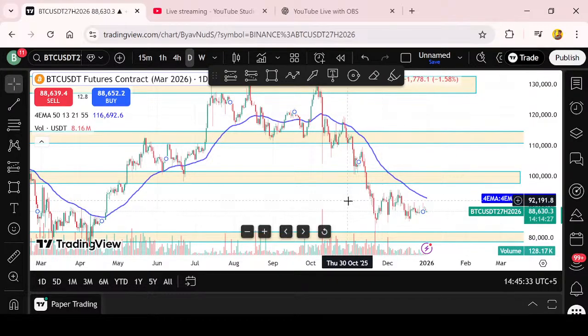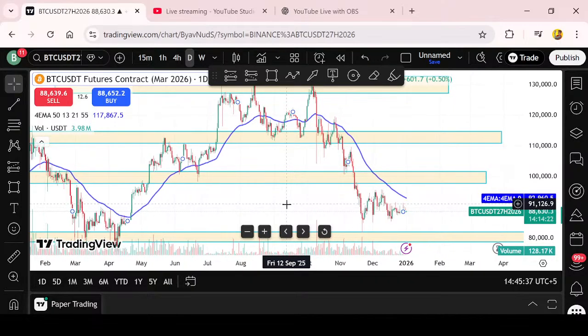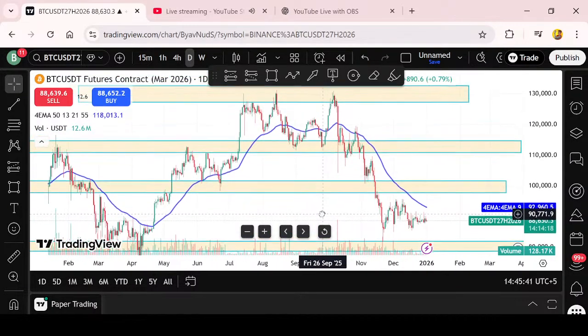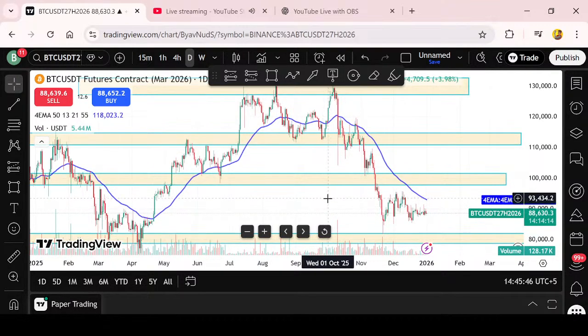Now according to price action, what we will see here, let's first of all zoom in, and now there is another resistance and support on the 4 hour.